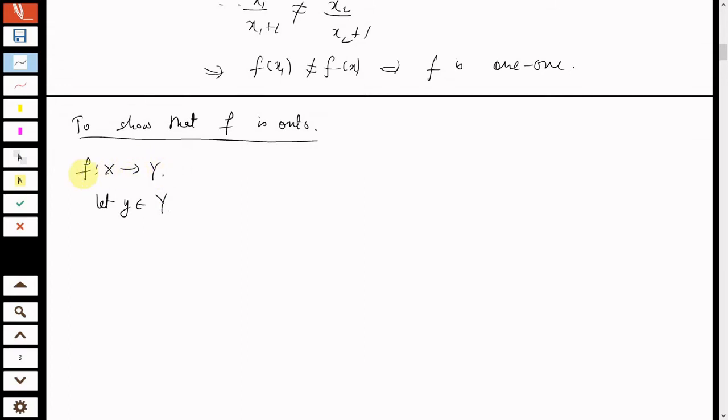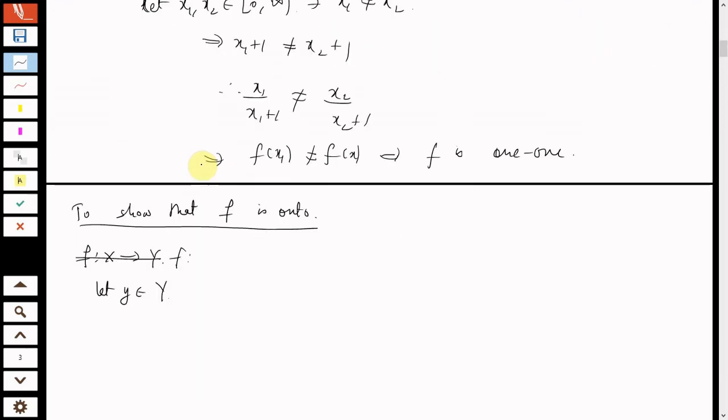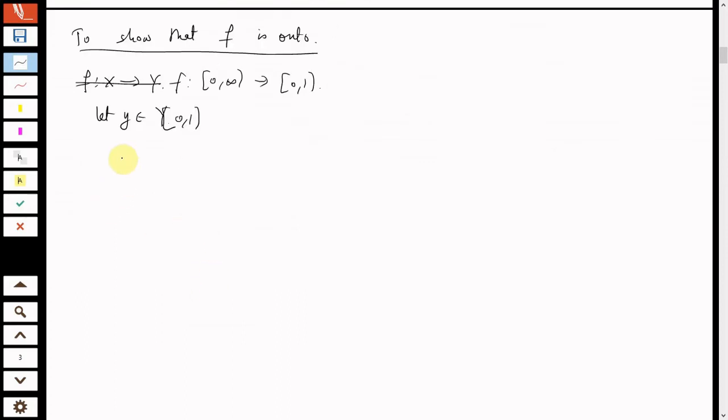F is going from 0 comma infinity to 0 comma 1. So let y belong to the interval 0 comma 1, open from the right hand side. So this implies that y is strictly less than 1 and greater than or equal to 0.